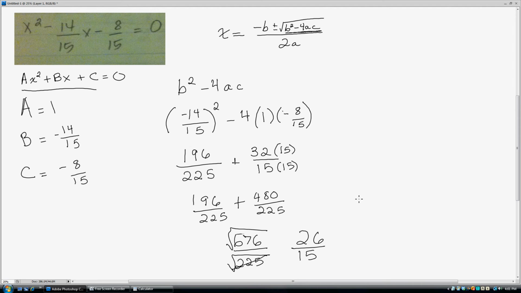If you don't have a calculator, you're going to have to play around. Problem with this is it looks like 676. Since it's even, I would start and see if 4 goes into 676. 1, 6 times 4, 24.